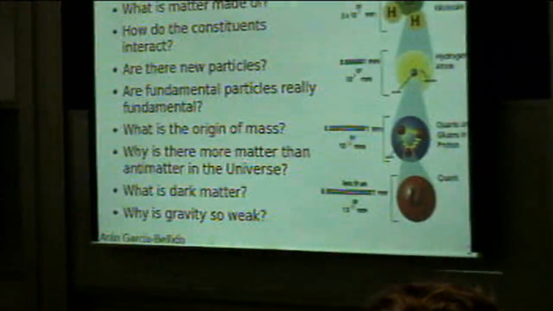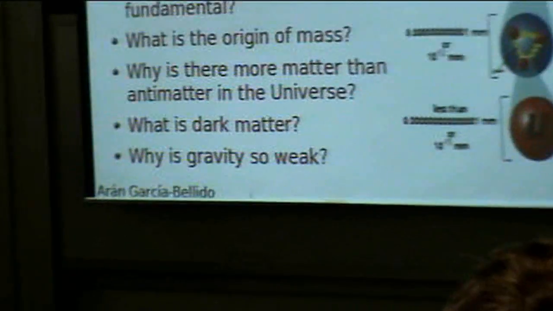We also have to address one of the biggest questions out there, which is, why are we made of matter and not antimatter? Okay? And I'll come back to this in a minute. And one of the biggest questions is, what is this dark matter? So if you actually look at the rotation, for example, of the sun around the center of the galaxy, and you count how much mass there is in between us and the center by how much light these stars are shining inside, it turns out that the mass that you measure in there is not enough to account for the speed of rotation of the sun around the center.